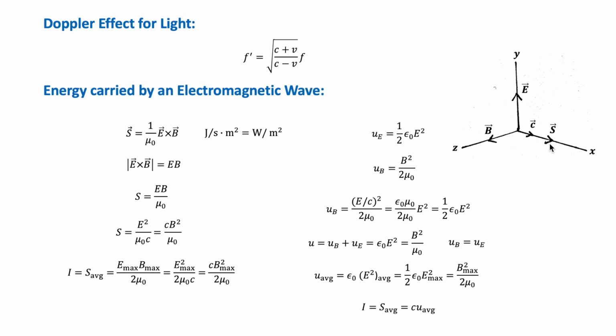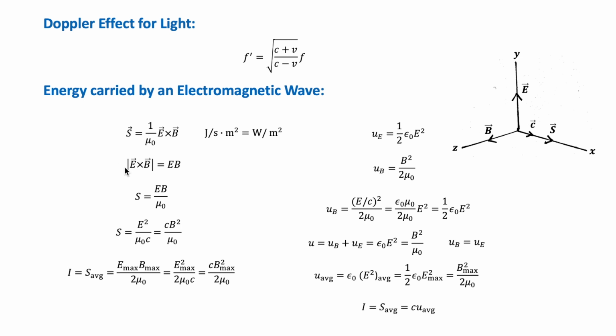Also, since the Poynting vector represents power per unit area, its SI unit is joule per second times meter squared, or watts per meter squared. So for a plane electromagnetic wave, the absolute value of E cross B is equal to EB, and this is because E and B are perpendicular to each other, okay?